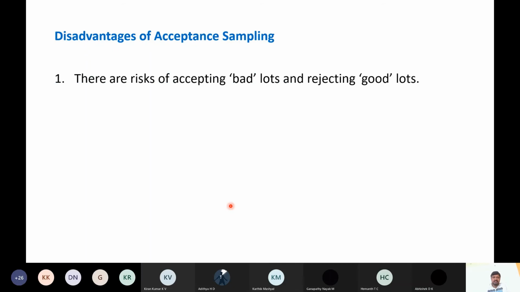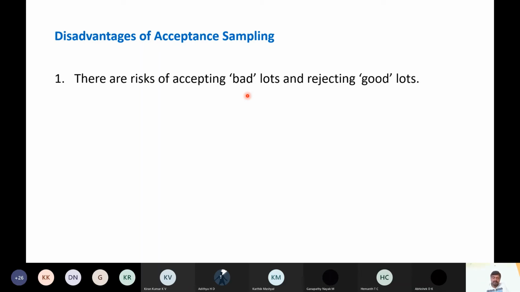Next, disadvantages of acceptance sampling. There are risks of accepting bad lots and rejecting good lots, because you are making a decision only based on a few samples. The selected samples may be bad, but the remaining units in that lot may be of good quality. But since the randomly picked units are bad, you are considering the entire lot as poor quality.